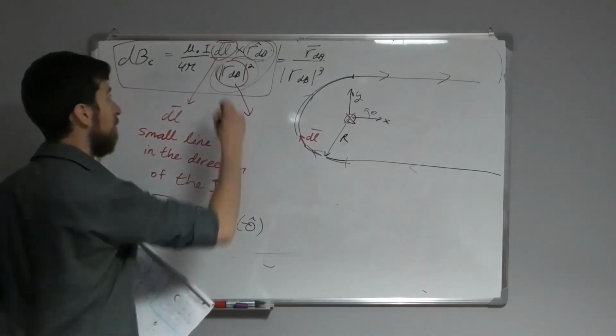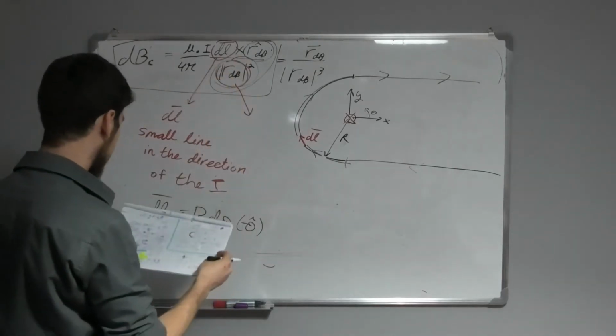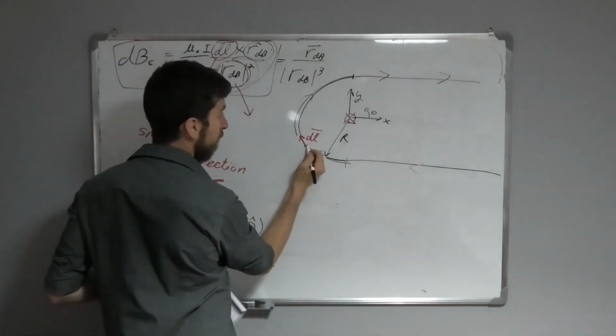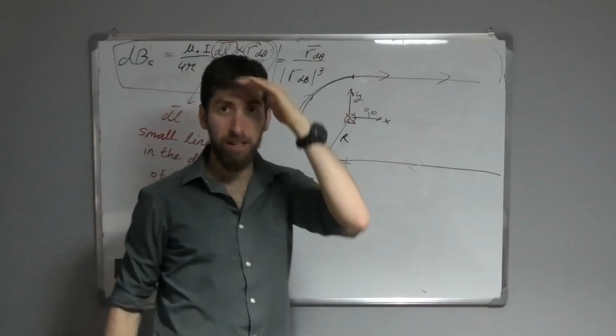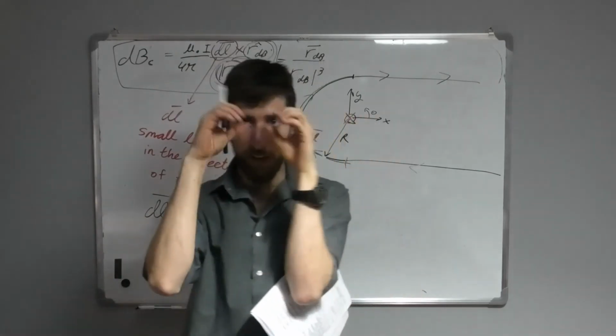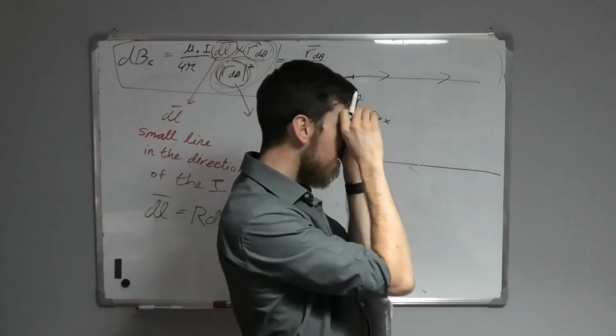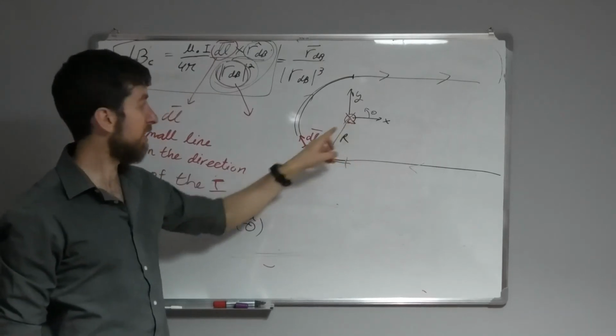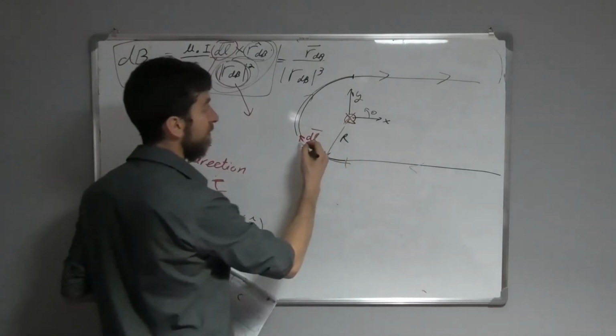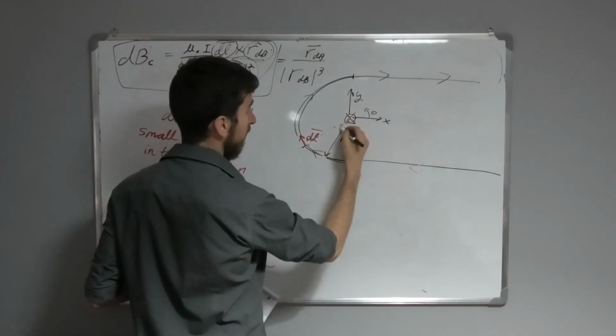Next one is to understand what r-db is. So r-db starts at dl, and it's looking, that's how I imagine it, like you have goggles, and it's looking for the point of interest, where you want to calculate the magnetic field. You see? It's looking in that direction.